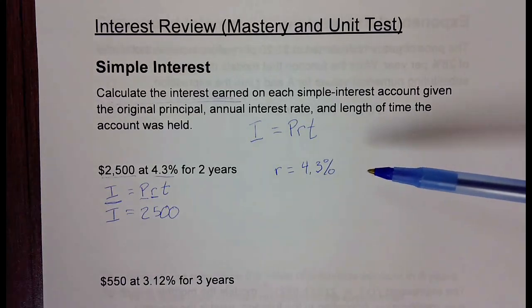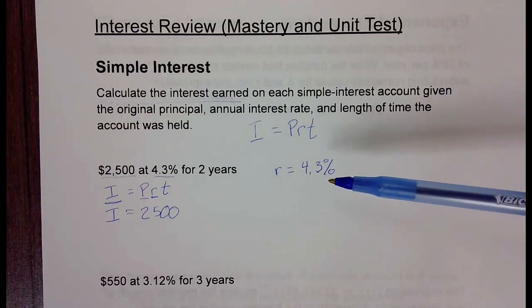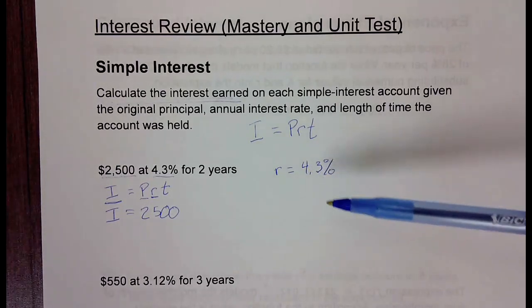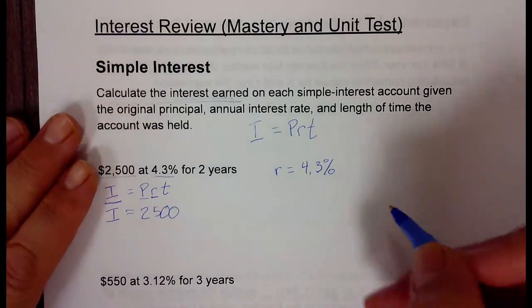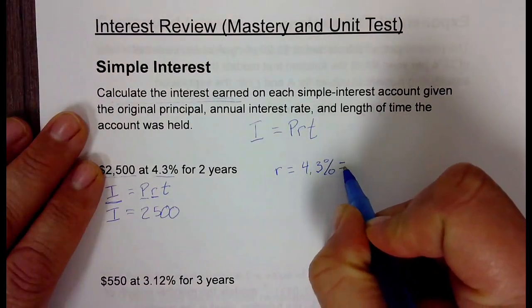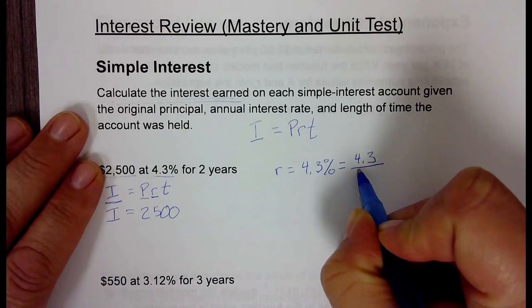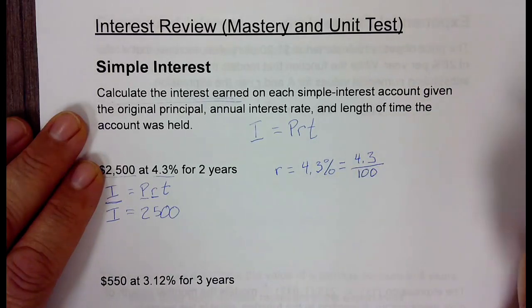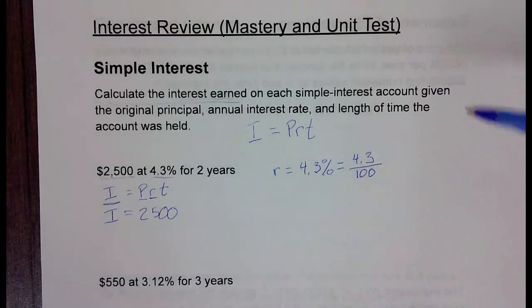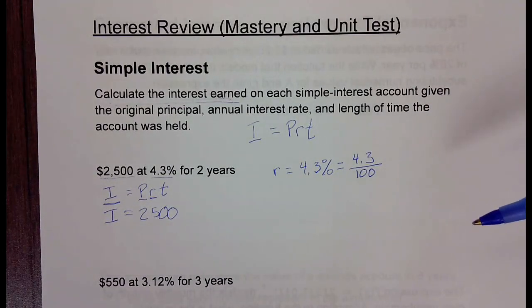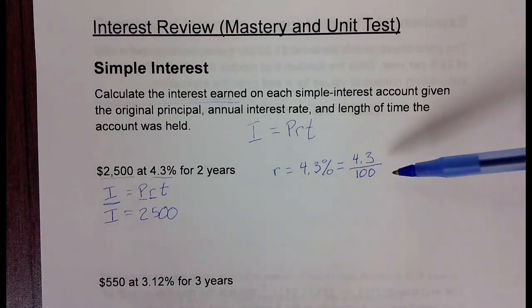In this case, for every $100 that I have in the bank, I would get $4.30. I can rewrite this per 100 as 4.3 over 100, or divided by 100.